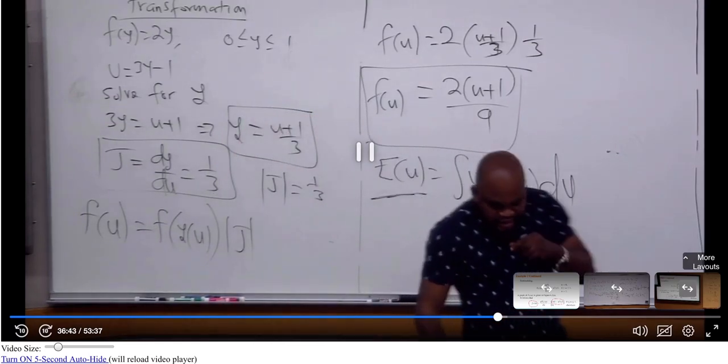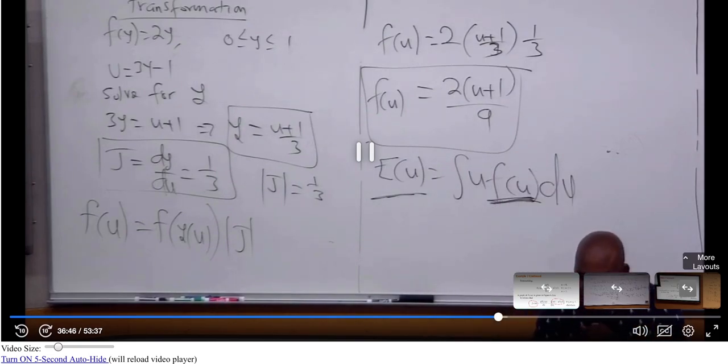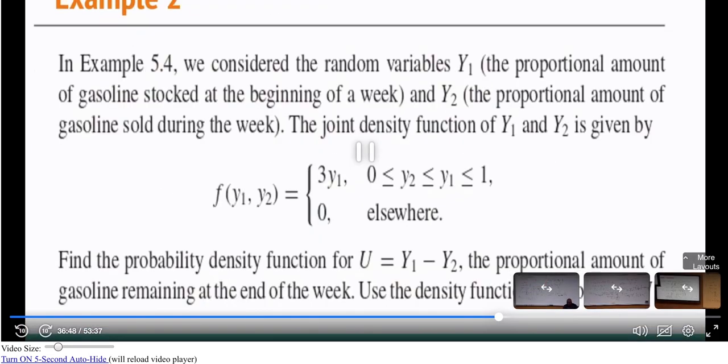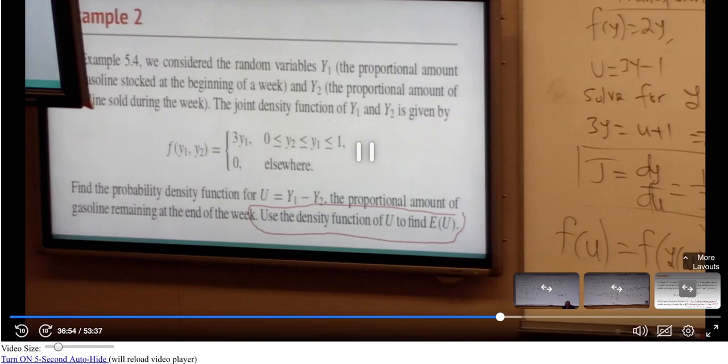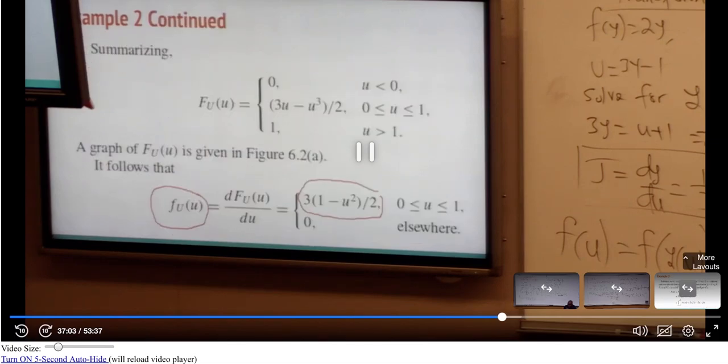Does that make sense? Don't forget the question asks to find two things: find the density function of U and find the expected value of U. Okay, now that's how to go about that one.